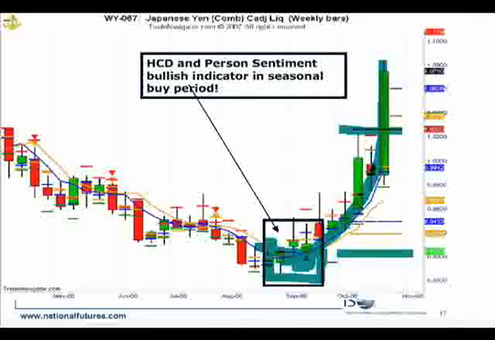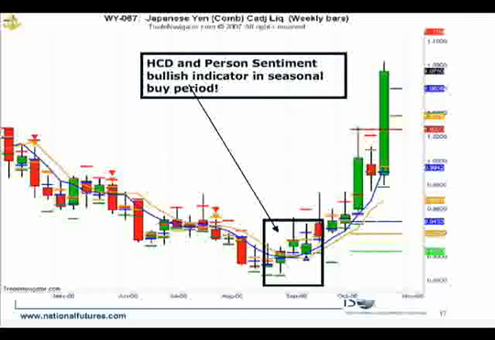Now, pivots, obviously, at the end of September, in the middle of August, going into September, this was good information to know that you want to stay on the long side of the market. If you're trading with pivots, it gives you an idea of where to scale out, where to take a profit. This is important information to understand the seasonalities that will help you to stay on the right side of the market.